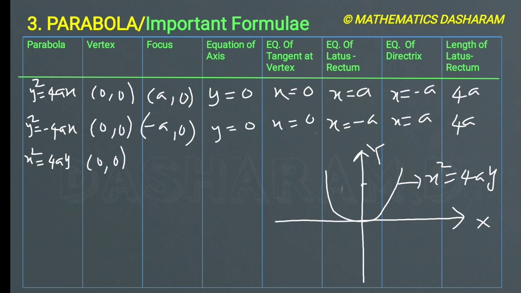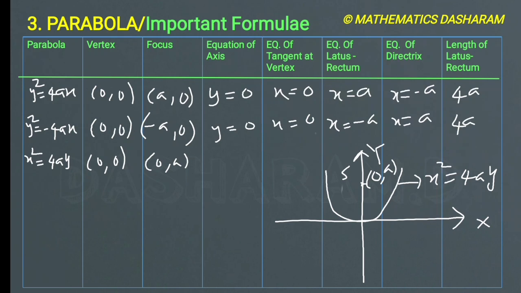Let's take the fixed point S on the y-axis. So on the y-axis, definitely the point's x coordinate will be 0 and y coordinate is some number. So 0 comma y, here you take 0 comma a.